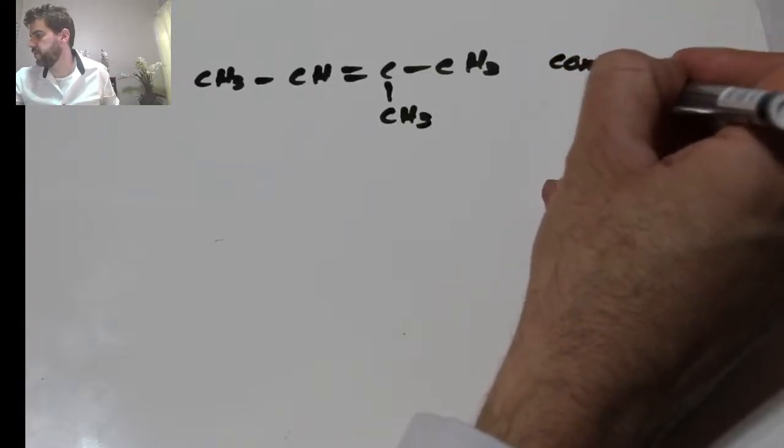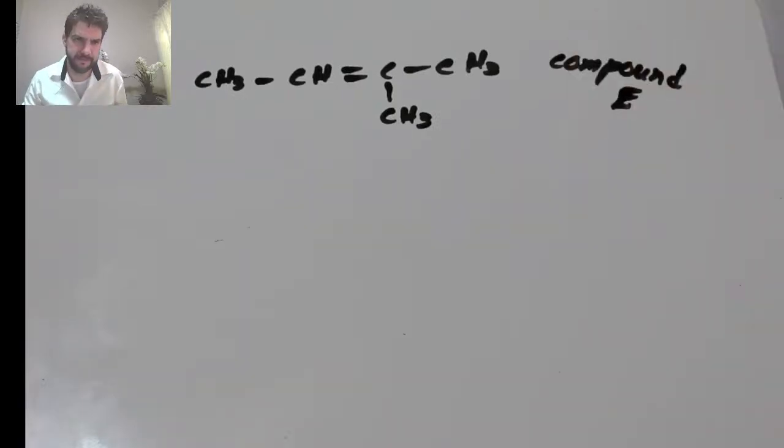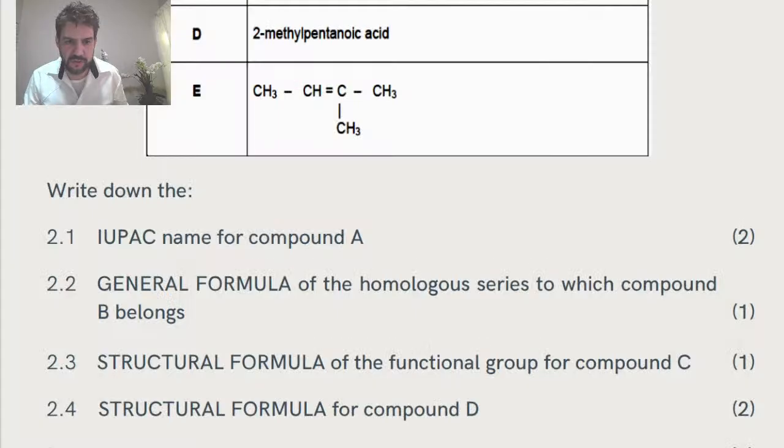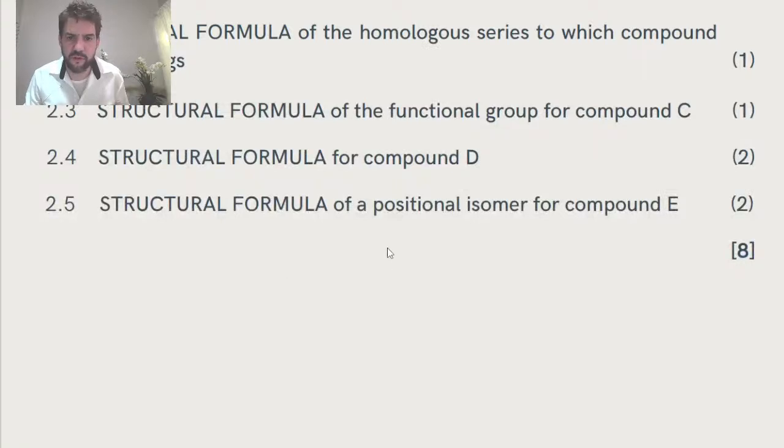Compound E. Now they want a positional isomer. We go to the question again. Let me show you the question here. They say, structural formula of the positional isomer of compound E.